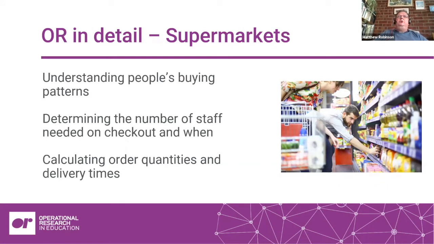Why is that important to a supermarket? If people quite often buy red Lego bricks every time they buy blue Lego bricks, they should put those products together in the supermarket. That might mean they can increase the sales of both products by having them together.